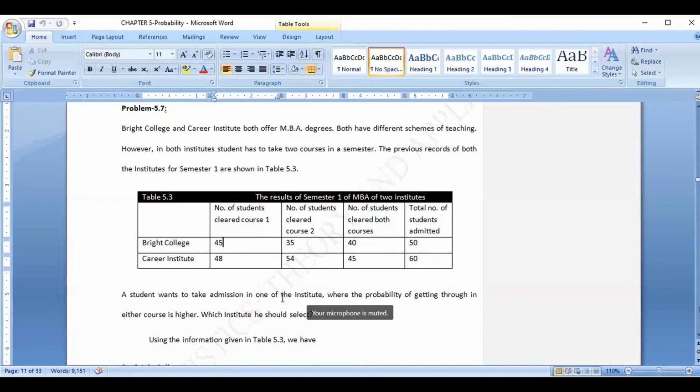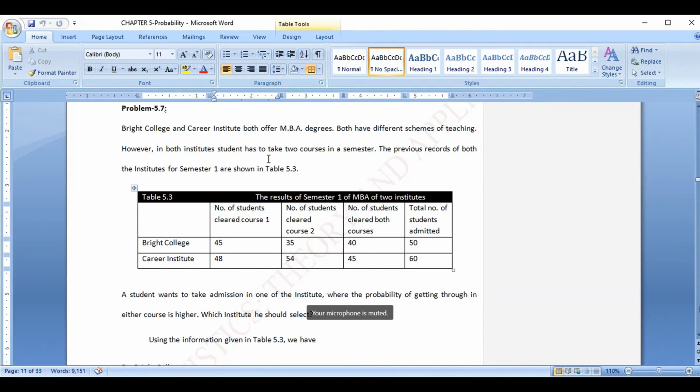So now focus on the table. Focus on the table. Can you see on the left hand side there are 2 colleges named... What happened? Just wait. Connectivity is lost. Are you there? Can you see now?